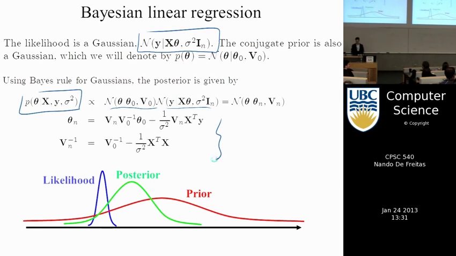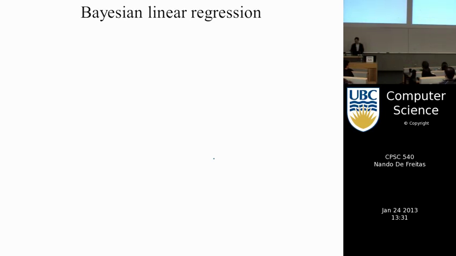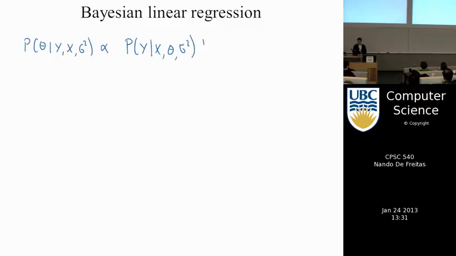Okay, let's see first how we do this. So we're saying that our posterior, given the data y and x and the variance, which I'm going to assume is given for now, is proportional to the likelihood, which we know what it is. It's essentially that expression there, times that prior, p of theta.